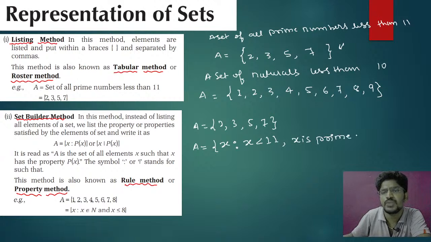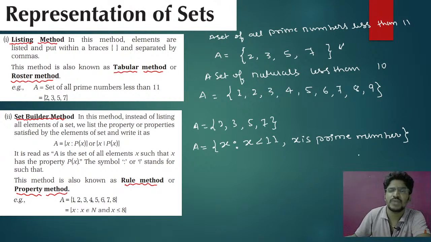So x is less than 11 and x is a prime number. What it tells is the prime numbers less than 11. Like this you can write.